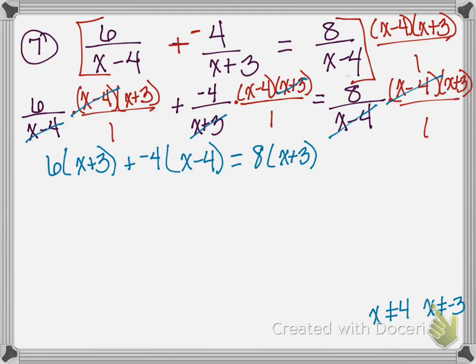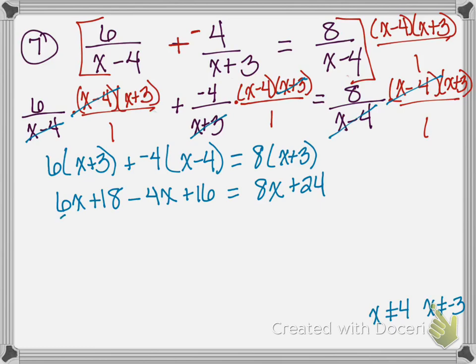Okay, so now I'm going to distribute my 6. So I have 6x plus 18. Now I'm going to distribute my negative 4. So I have negative 4x plus 16 equals 8x plus 24.